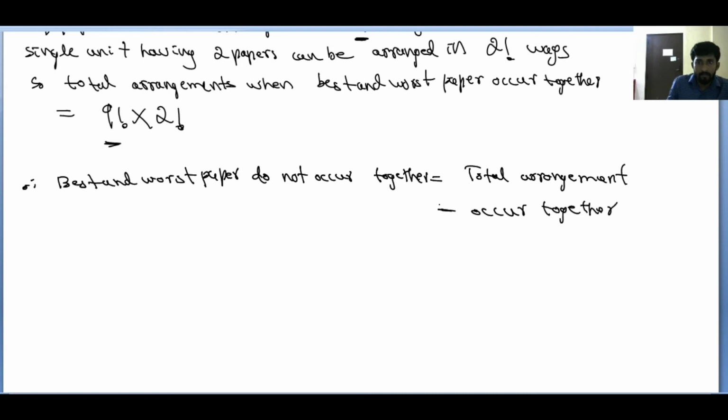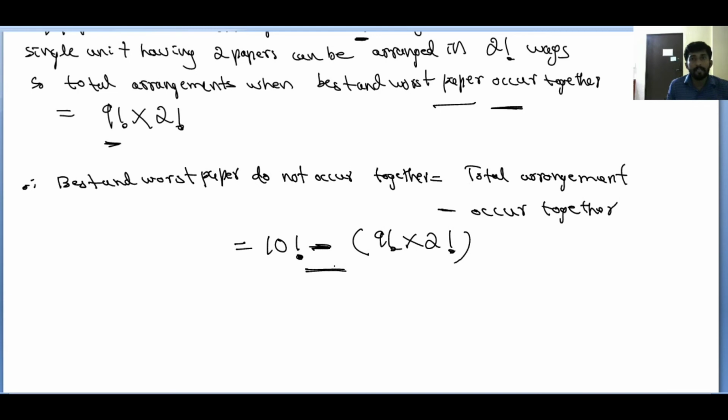So it's equal to, what's the total arrangement? 10 factorial minus, what is the number of arrangements when best and worst paper occur together? It's equal to 9 factorial into 2 factorial. This is the answer for the given question.